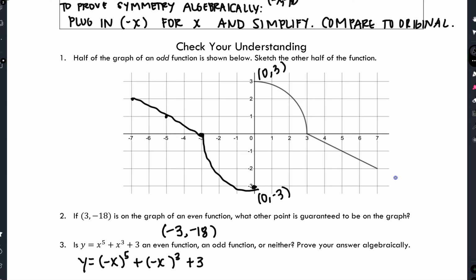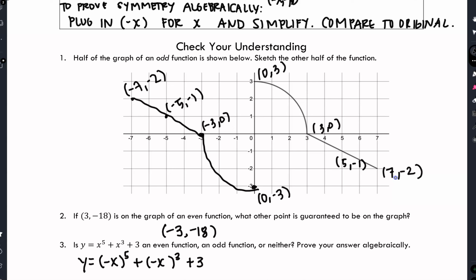And instead of being at 3, 0, we're going to be over here at negative 3, 0. Instead of being at 5, negative 1, we're going to be at negative 5, 1. Instead of being down here at 7, negative 2, we're going to be at negative 7, 2.